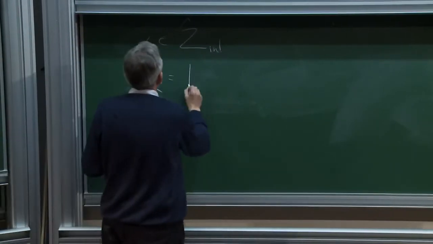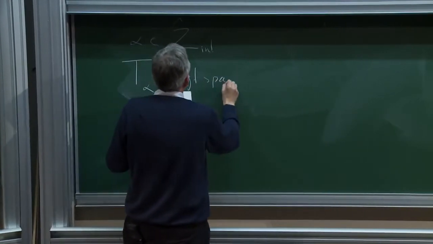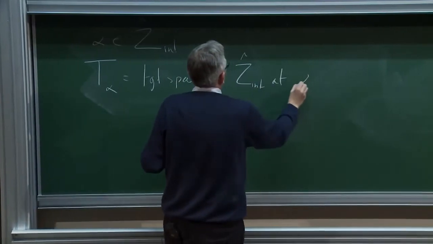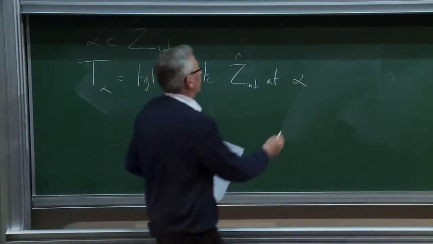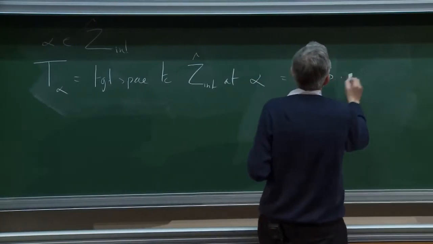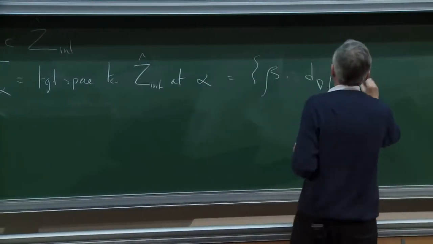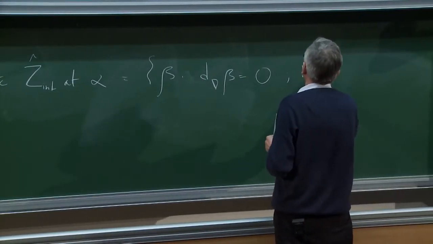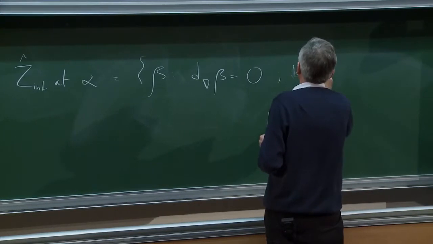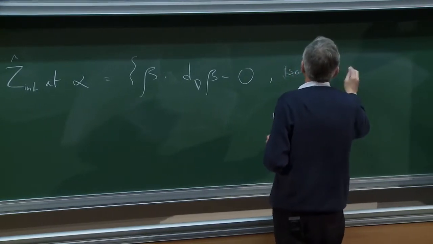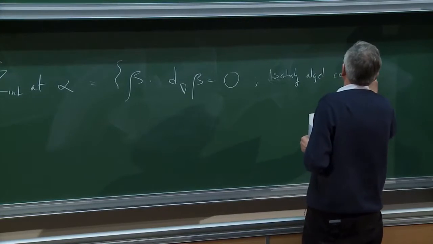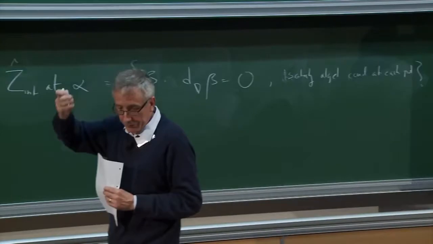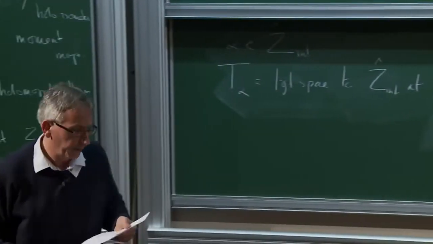So this is the tangent space to Z int at alpha. It consists of forms beta such that they're closed in this sense, and also at each point satisfy the appropriate algebraic condition. So at each point they lie inside the tangent space of the corresponding finite dimensional object.